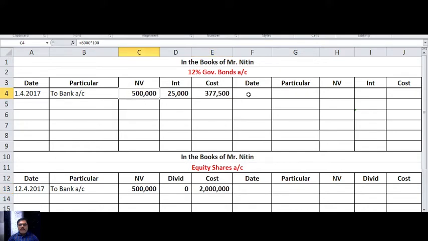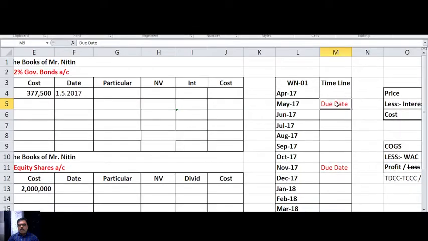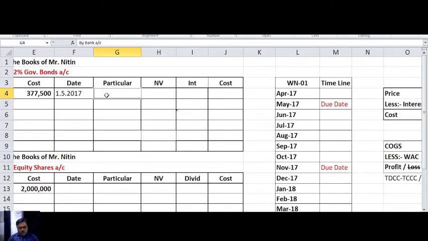On that 5 lakh, that Nitin is going to get what? Interest. So here on 1st May, because that is a due date. If you look at our timeline, 1st May is what? Due date. So on due date, that Nitin is going to get what? Interest, that is by bank. Nominal value 0, cost column 0.